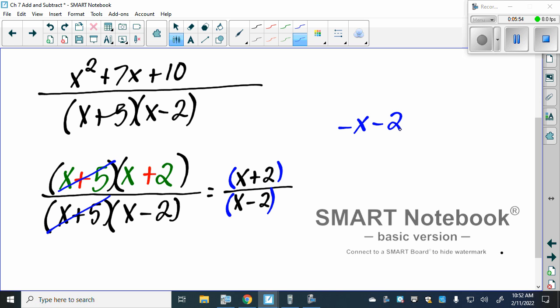That's not the same on top and bottom, so it doesn't work. So the only time we'd really want to try to pull a negative out to get them to be the same is if both signs were opposite. In the numerator, if it had been negative x plus 2, then we could have pulled a negative out and they would be the same. But here, that's as far as it goes. We can't do anything else to it.